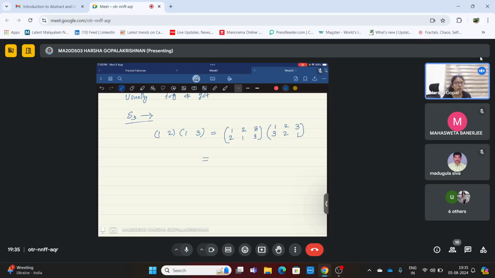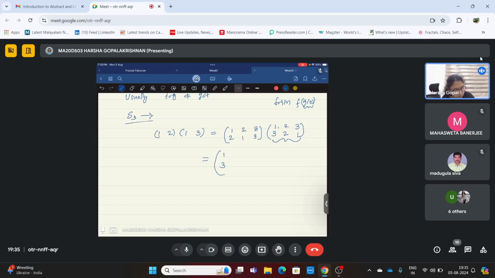Now we are taking the composition. F composite G of x means first we take g of x and to that we apply f. So first thing to apply is the second one. Here also first we apply the second one. So first 1 is going to 3 and 3 is going to 3, right? 1 3.